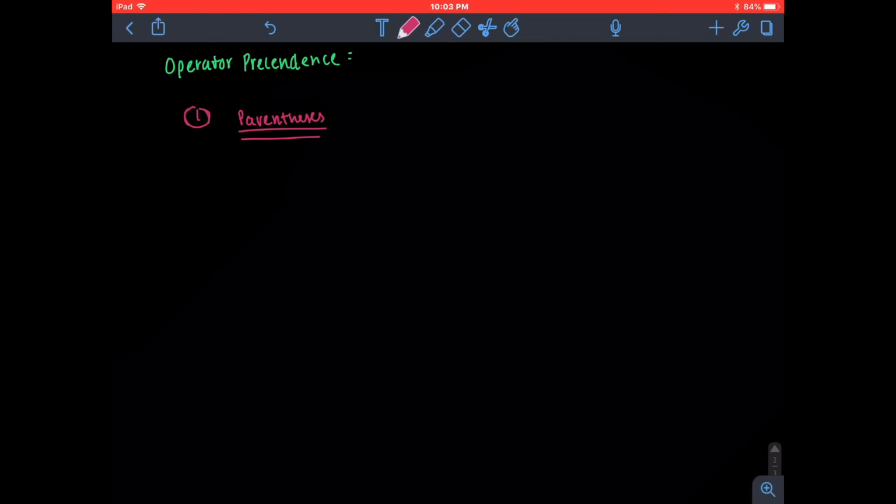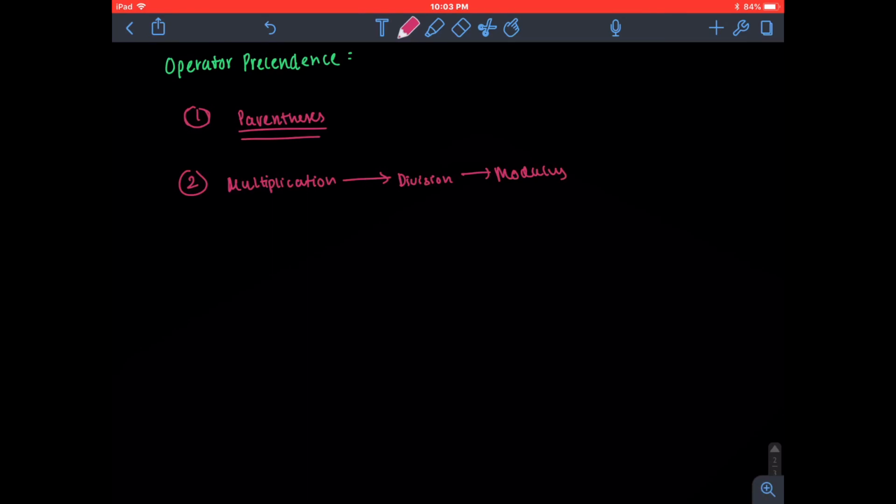Then number 2, we have multiplication, and then we have division. Then we have modulus. So it goes in that specific order.